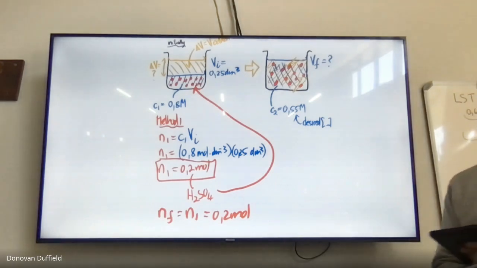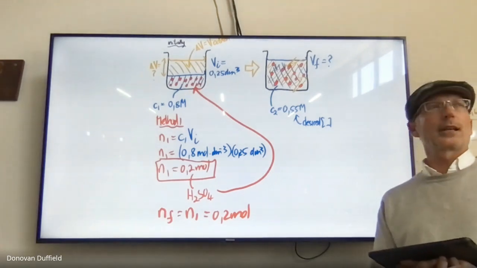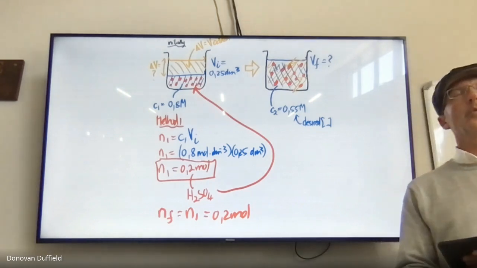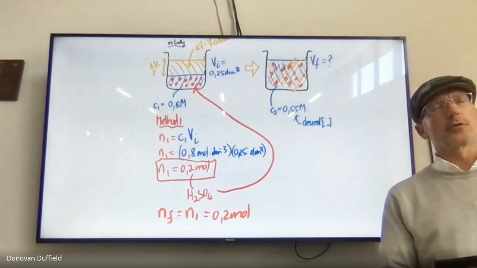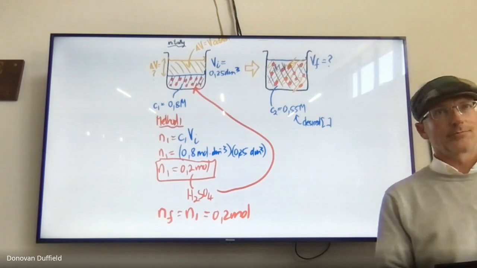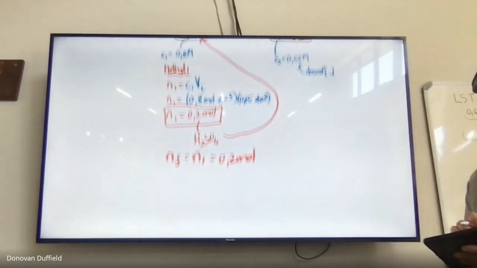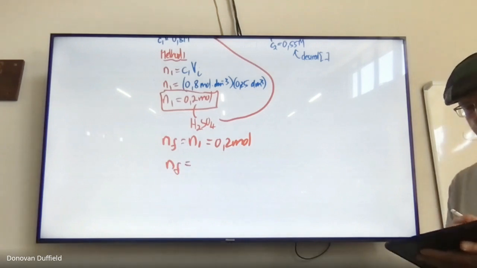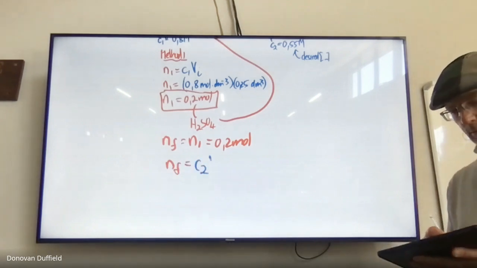So the number of moles doesn't change. The only thing that's changed is the thing we've changed physically. We changed the volume of the solution, which has also changed the concentration. But now we know that N final is C2 V final.